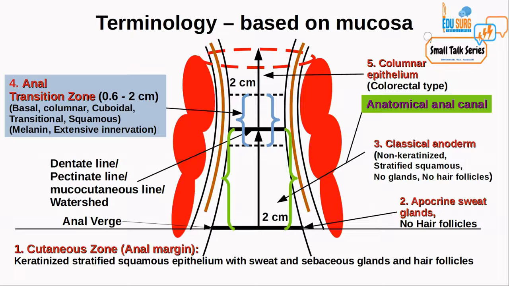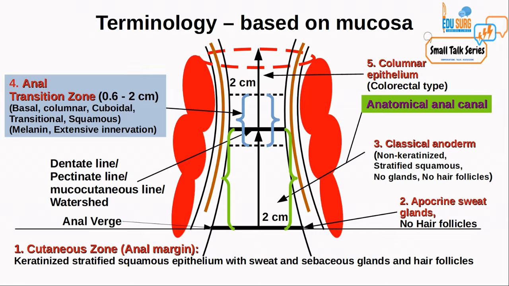It is an area or a zone which is between uninterrupted crypt bearing columnar mucosa of the rectum above and uninterrupted squamous epithelium below, right? I will repeat. The anal transition zone is an area which contains mixed epithelium, and this is a transition from columnar epithelium of the colorectal type above to the stratified squamous epithelium below the anal transition zone, right?